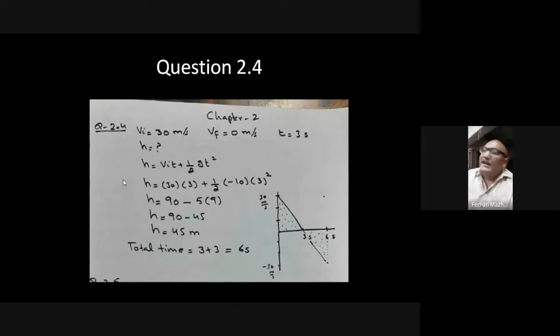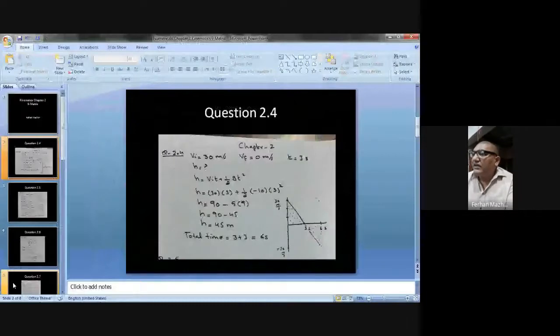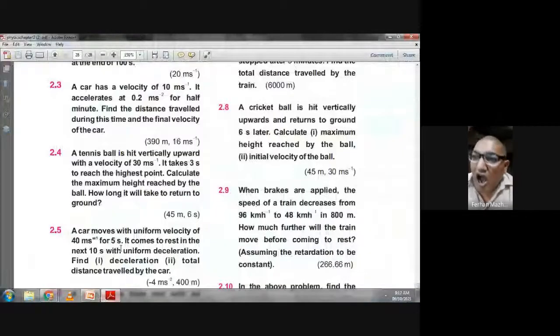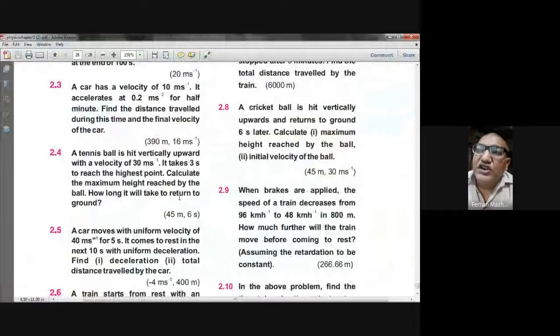The next question they ask is, look here, how long will it take to return to the ground? Remember this, the motion is symmetric. The time it takes to go up is the same time it takes to come back.